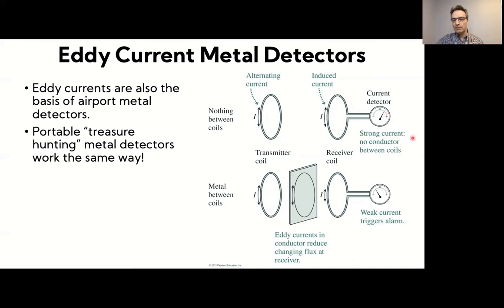If you have a strong current, you know that there is nothing in between your coils. But if there's metal in between, you'll have eddy currents in that metal, and those dissipate quite some of the energy. So you'll still get some induced current in your receiver coil, but it's a much weaker current, and that will then trigger the alarm.